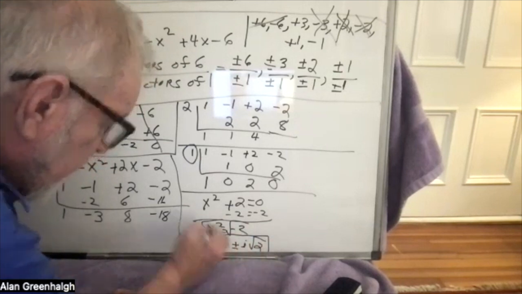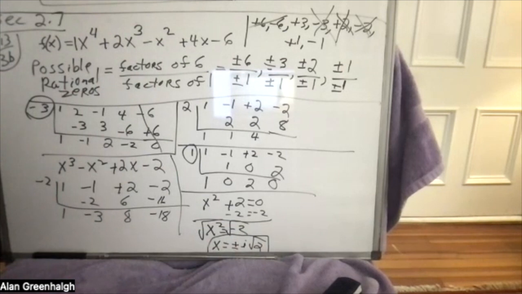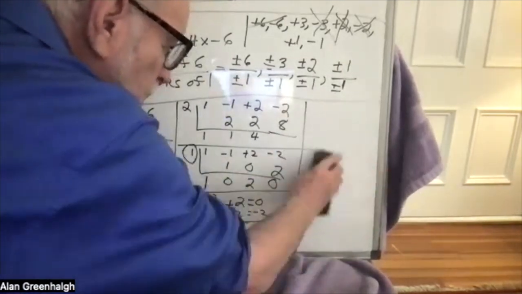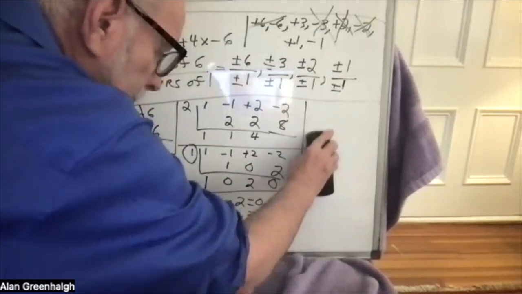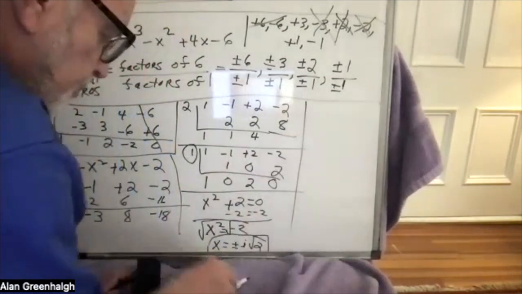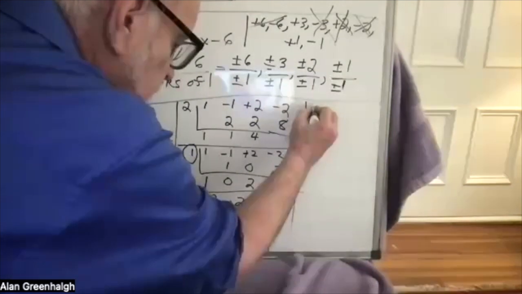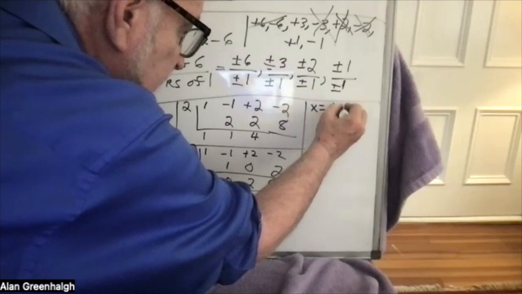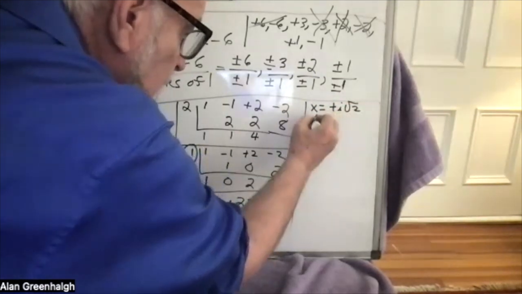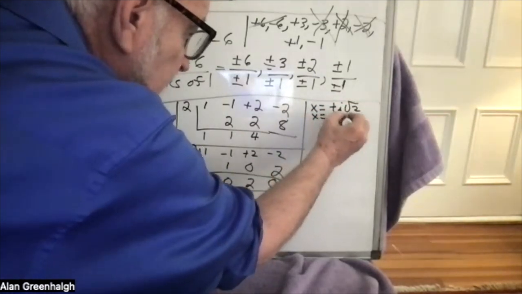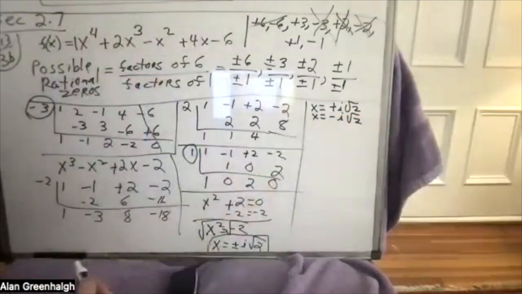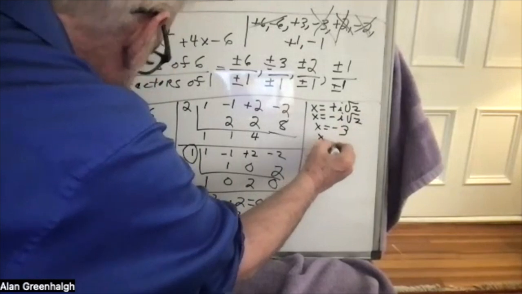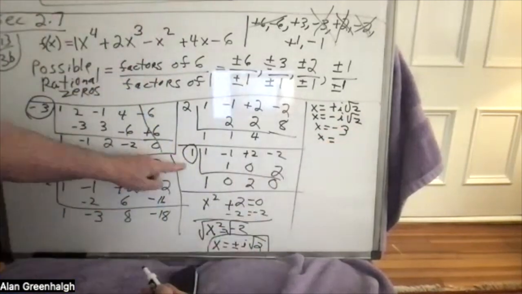There they are, the 4 zeros. The 4 zeros will be x equals plus i times the square root of 2, negative i times the square root of 2, x equals -3, and x equals 1.